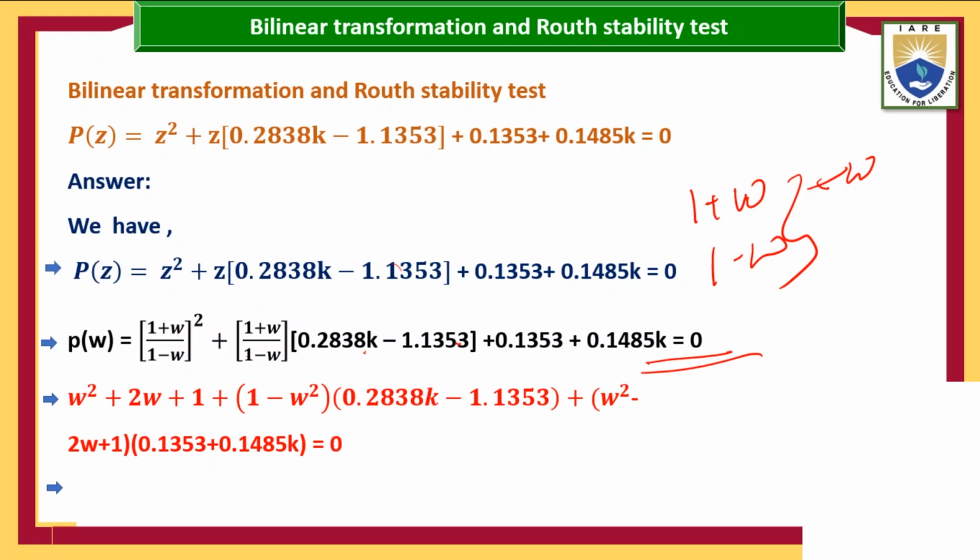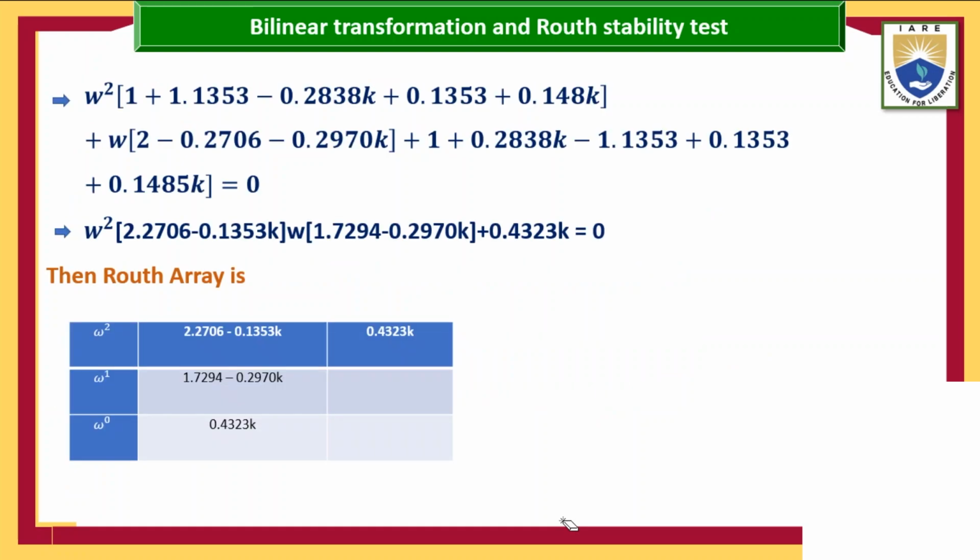After that we can find the Routh array table. Simplifying this one, we got the final value.